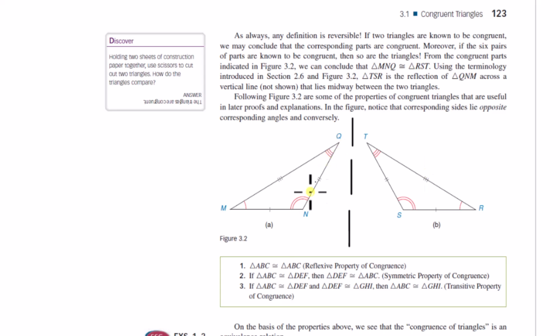You just match up the features. With a reflection, it's the perpendicular bisector, so Q corresponds to T, N to S, M to R. So triangle QNM is congruent to triangle TSR.